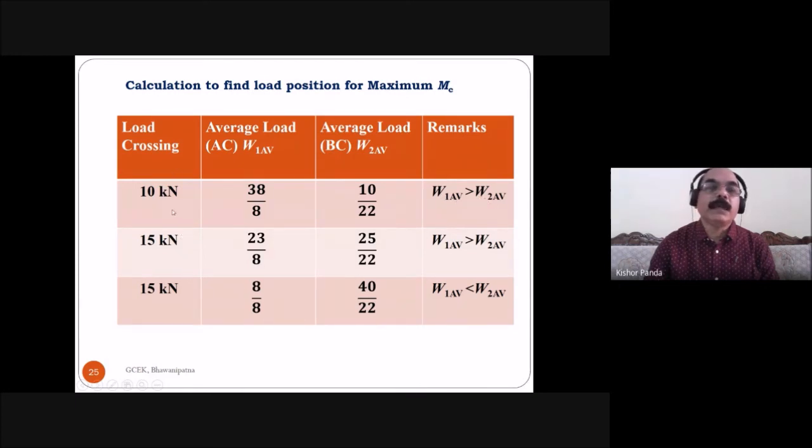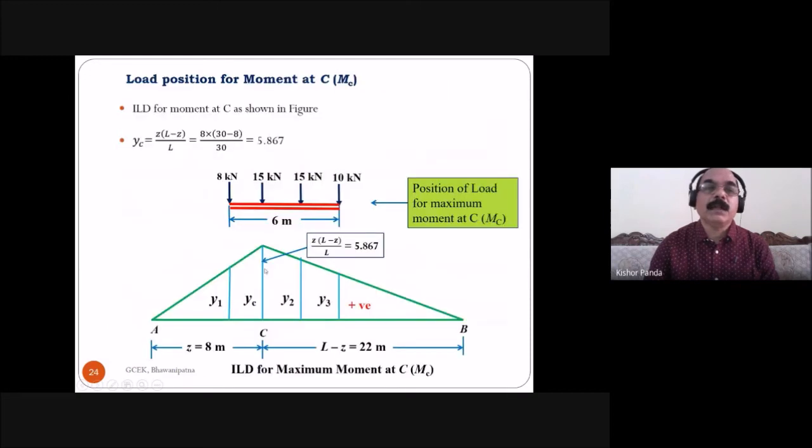Then take when the 15 kilonewton load is crossing the section. This one has already crossed the section. Then the second load, 15 kilonewton, is crossing at section C. So these 2 loads are on the right side, and these 2 loads are on the left side. Then find out the average load on the left side and on the right side.